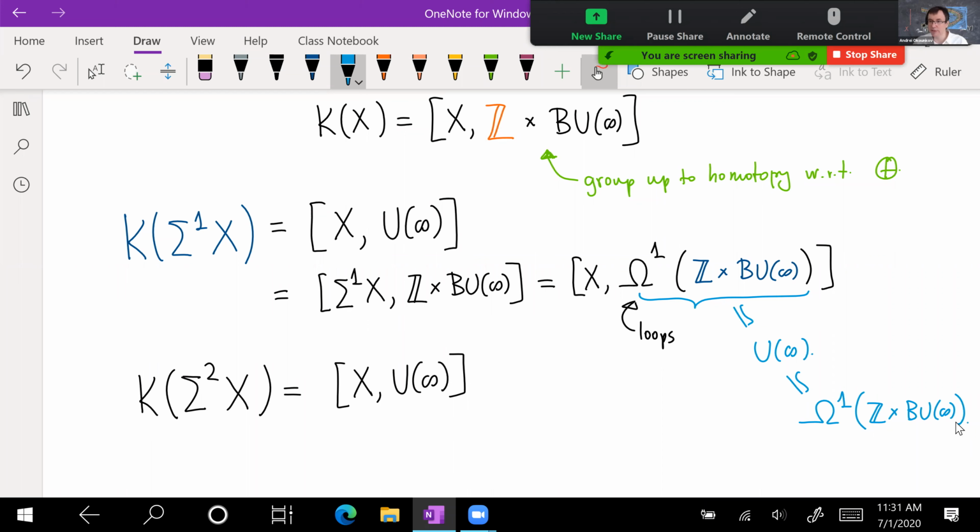So you have an infinite chain of spaces, each of which is loops in the previous one. In particular, the homotopy groups are therefore periodic. The homotopy groups of this space and this space are periodic and they differ by a shift by one.